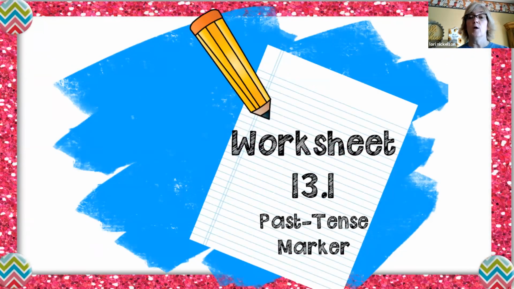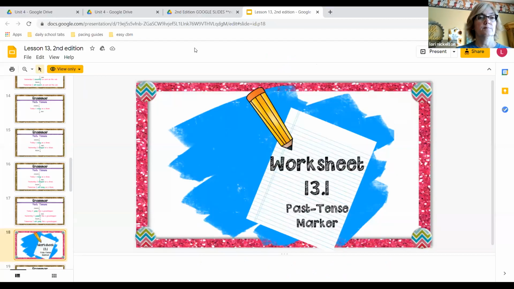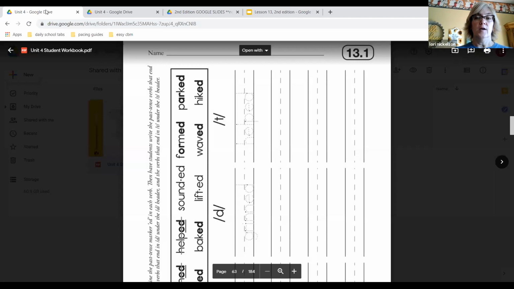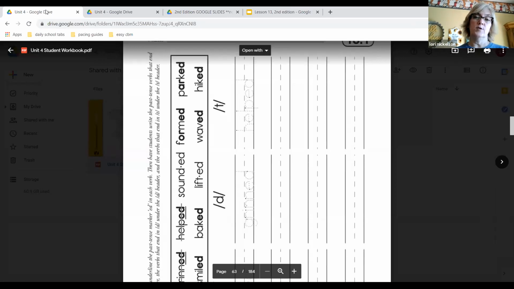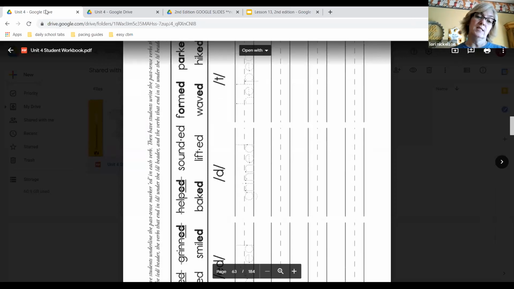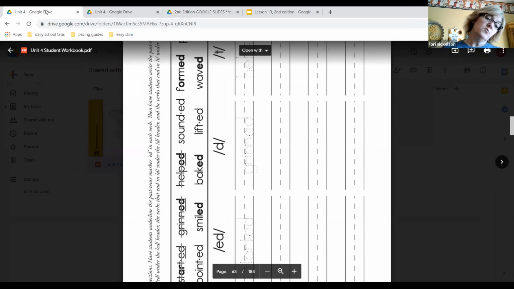So let's look at worksheet 13.1. So I'm going to have to shift it a little bit so I can read you the instructions. Directions: have students underline the past tense marker ED in each verb.